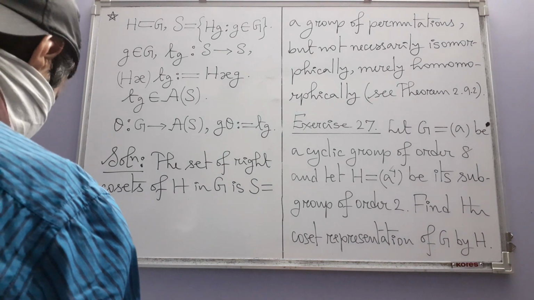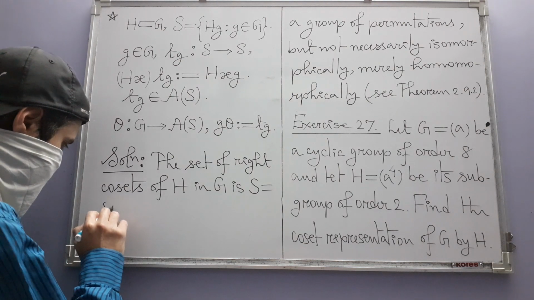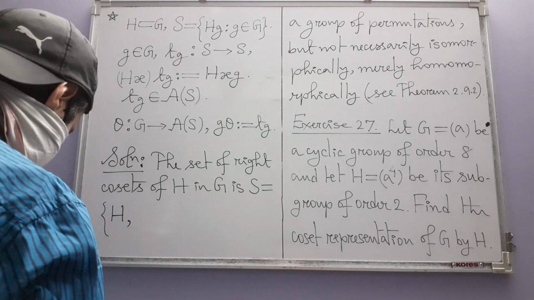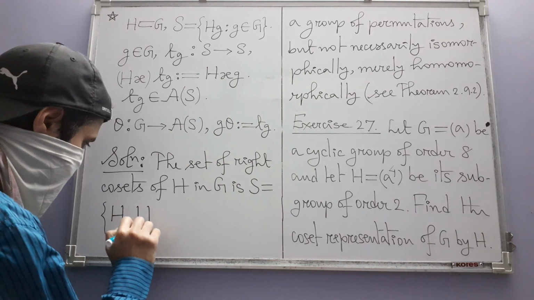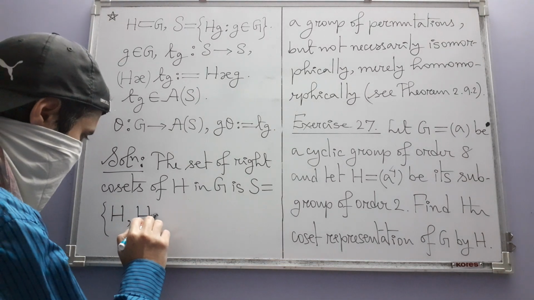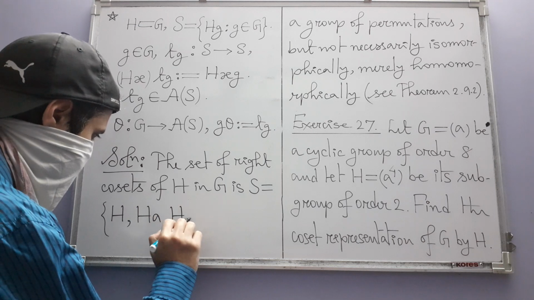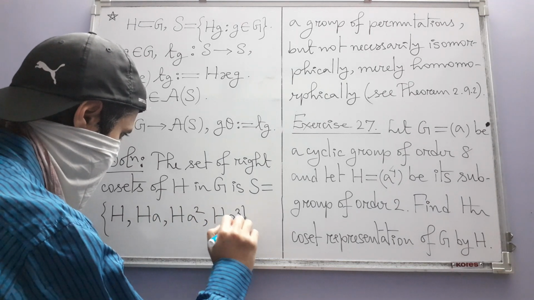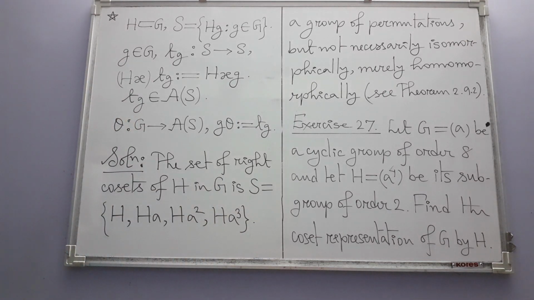It turns out that in this case it is just these four right cosets. H, HA, HA square and HA cube. It's not difficult to see.